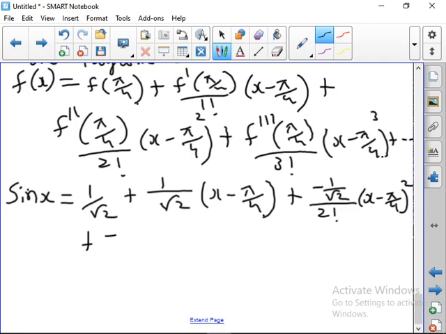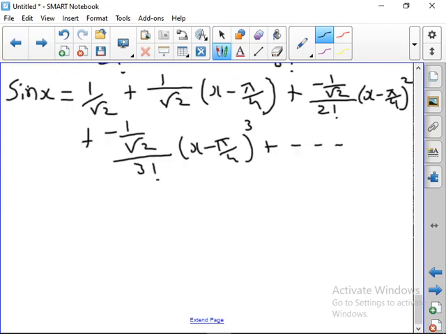Then plus minus 1 by root 2 by 3 factorial into x minus pi by 4 the whole cube plus etc. So what is the final answer?